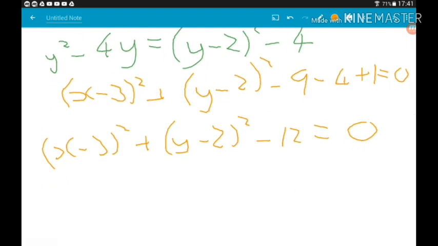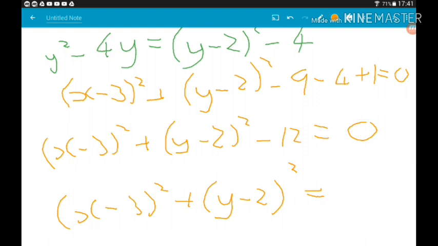Now if we add the 12, finally we've got x minus 3 squared plus y minus 2 squared is equal to 12. So there's the equation in the form that we wanted it.